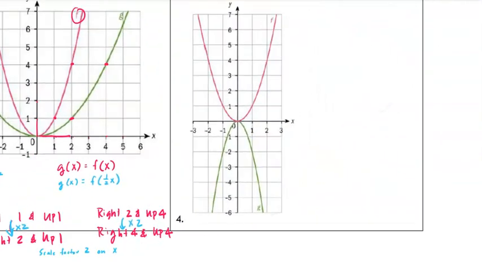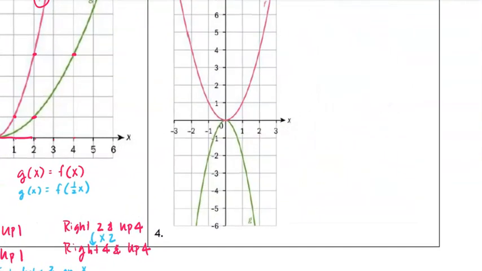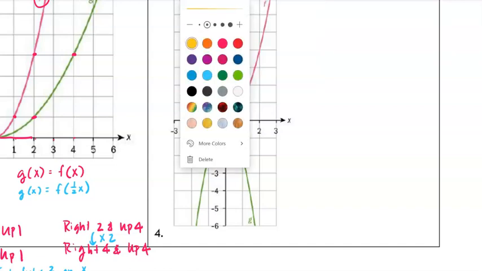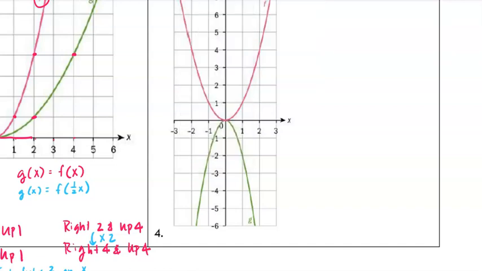This one, once again, is a quadratic, and so I could write it both ways. Let's use an orange. g of x equals f of x is the universal way, and then g of x equals just pertaining to specific quadratics, which this is.